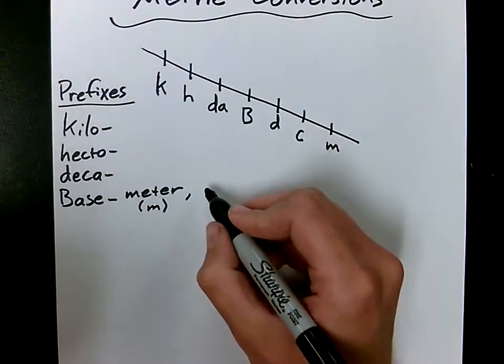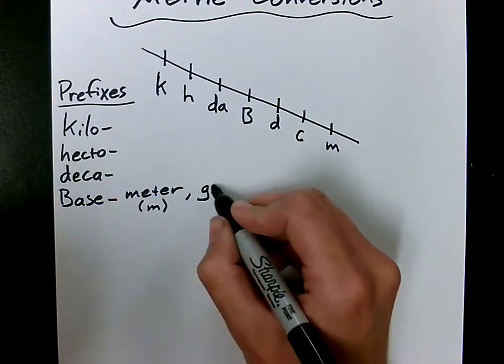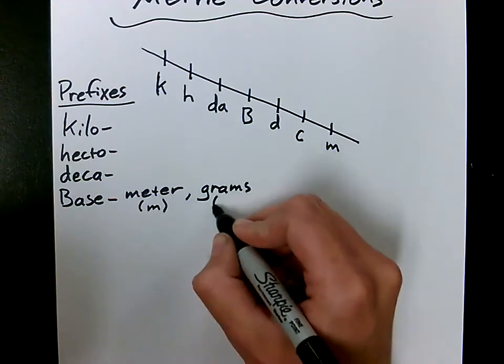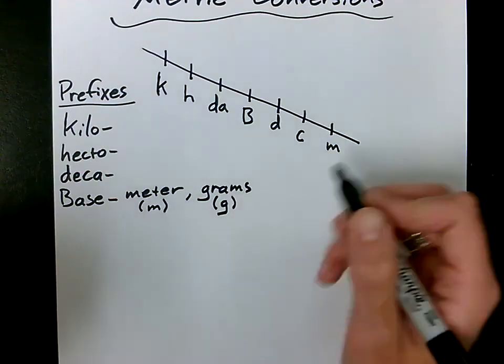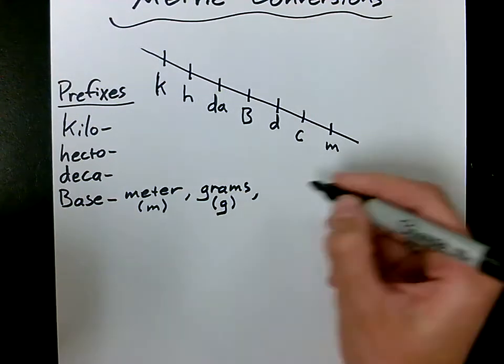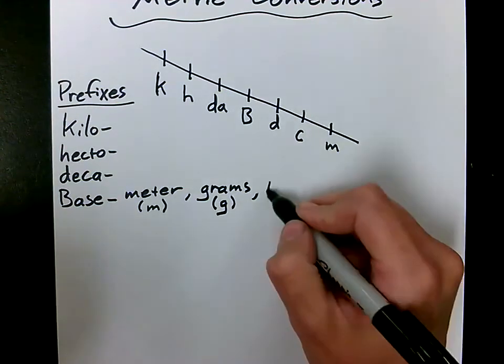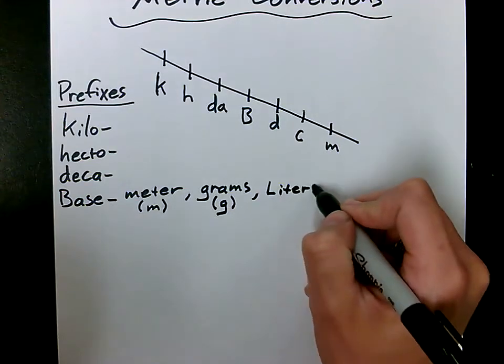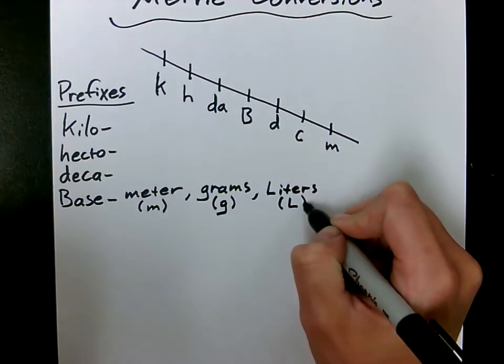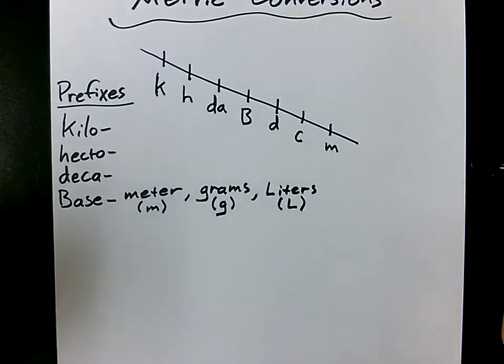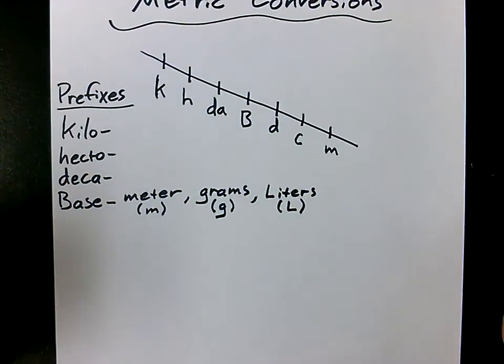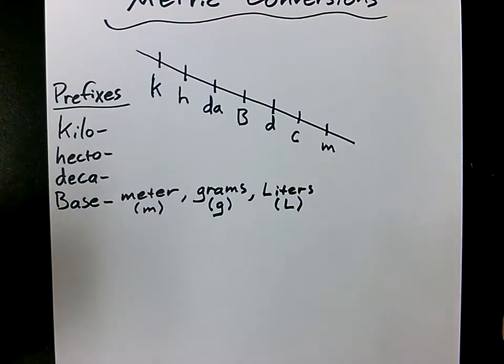If we're talking about mass, we're going to use grams with a lowercase g as our abbreviation. And finally, we have liters, and this is the one that we do as a capital letter, because if we used a lowercase l, it might look like the number 1, and that might get confusing. So here's our base units.